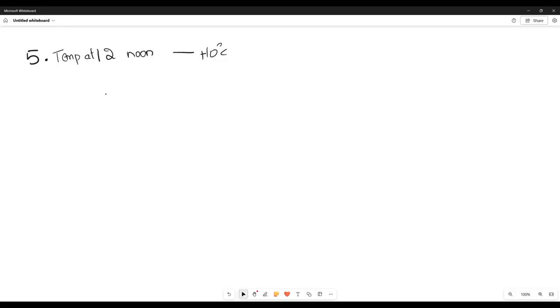If it decreases at the rate of 2 degrees per hour until midnight, it is decreasing per hour. How much is it decreasing? Minus 2 degrees Celsius.